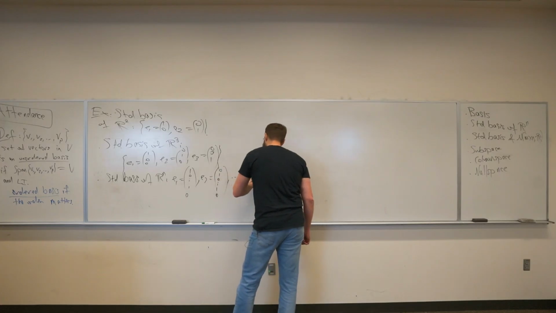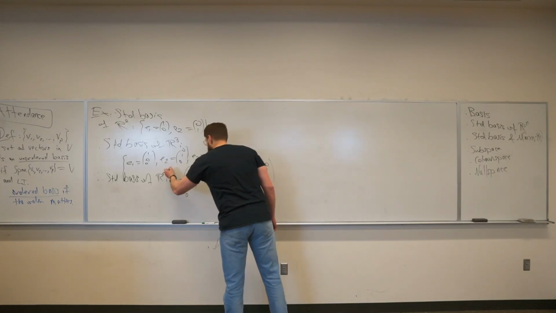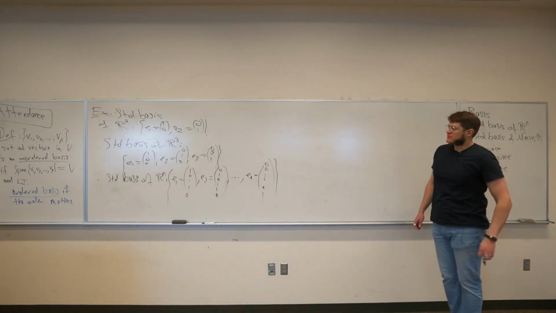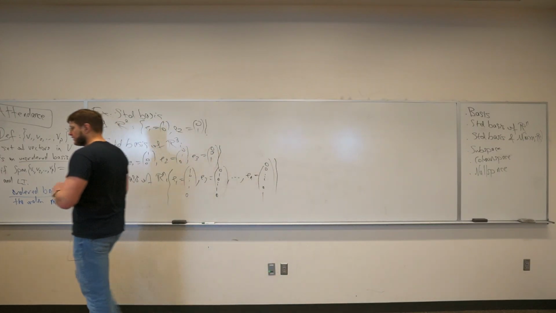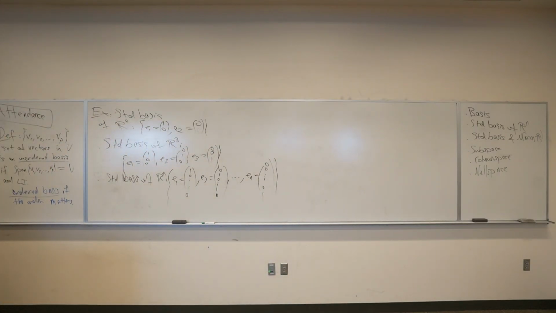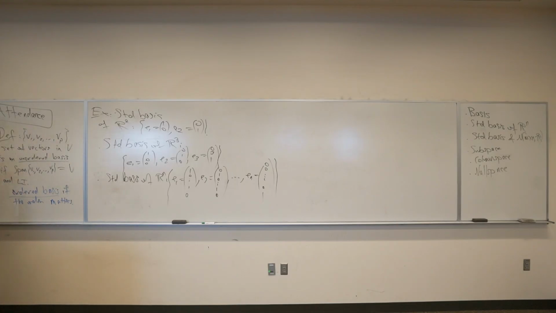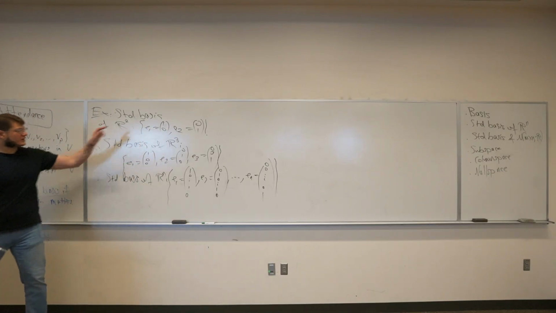And then En is 0, 0, dot, dot, dot, 0, 1. So when people ask you, is this a basis, you need to do two things. You need to figure out if that set spans the whole space, and you need to verify that these are linearly independent. So for instance, let's do it with the plane.